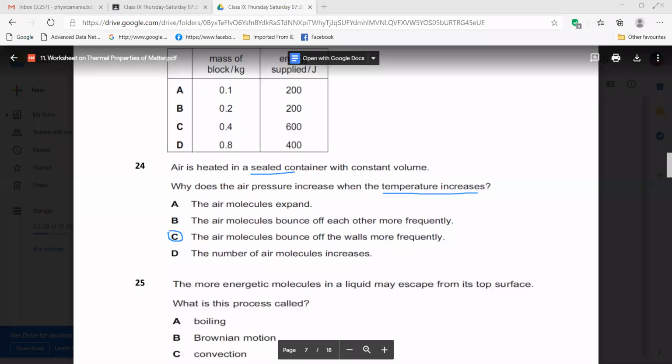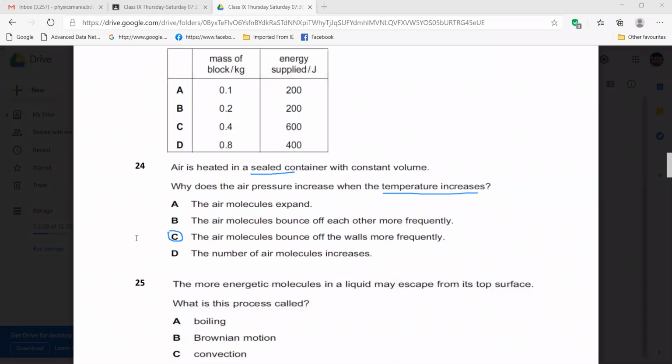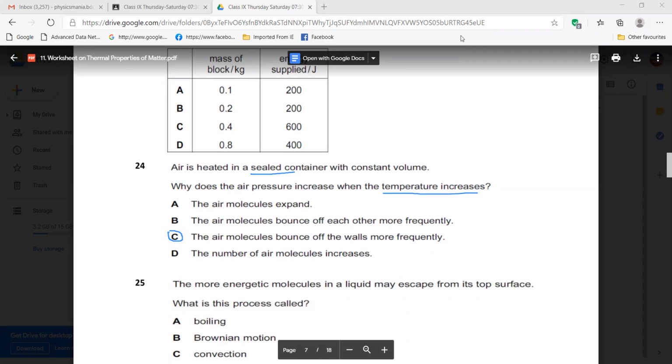The more energetic molecules in a liquid may escape from its top surface. What is the process for? It's about evaporation, right?